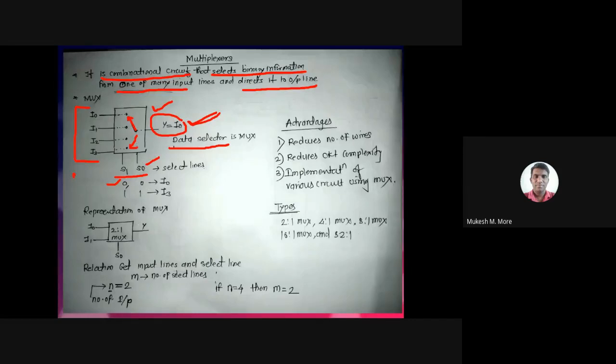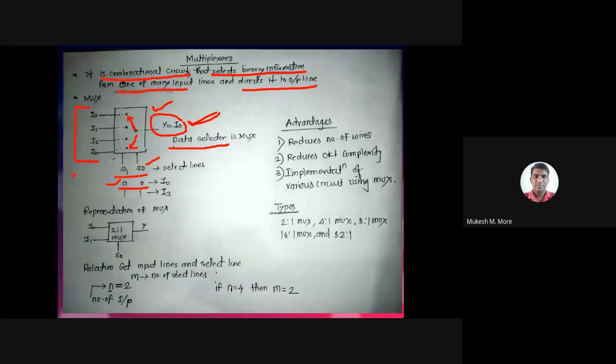In this case we have S0 equal to 0 and S1 equal to 0. Then what happens? The multiplexer, which is a data selector, selects the I0 input line, and Y is equal to I0, meaning it is selecting the first input line.